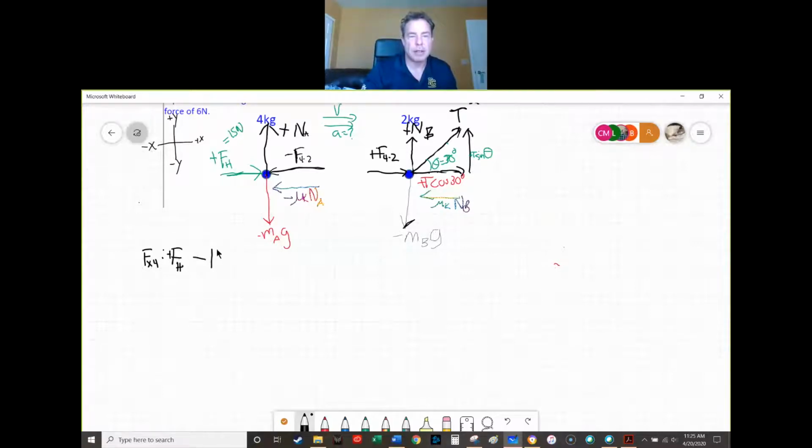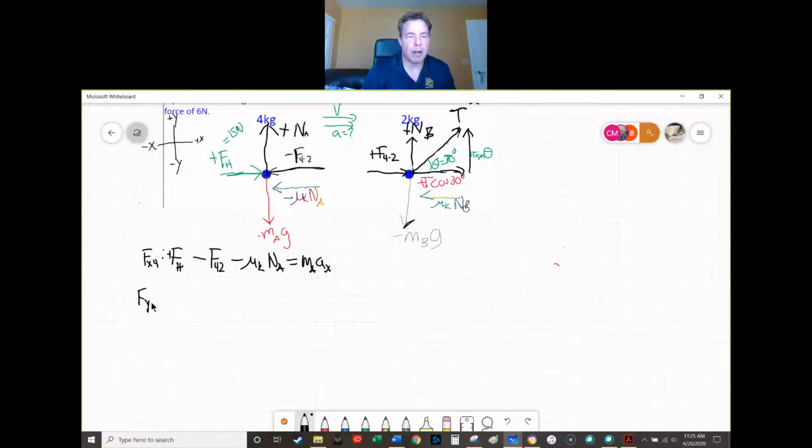The blocks touching each other is to the left. And it looks like the frictional force is also pointed to the left. And that's going to be equal to the mass of block A times its acceleration in the x direction.